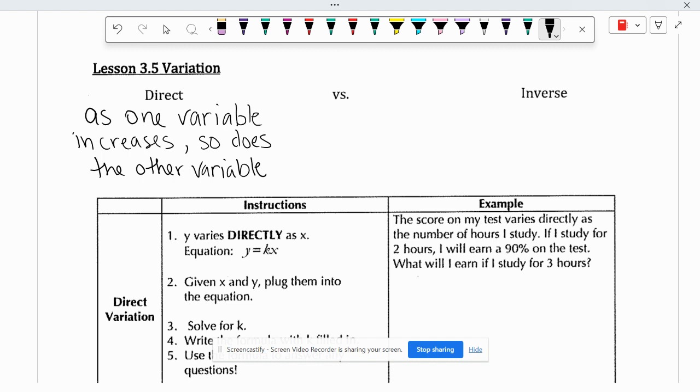So what do you think? If that's direct variation, what do you think inverse variation means? As one variable increases, the other variable decreases. Write that down, please.